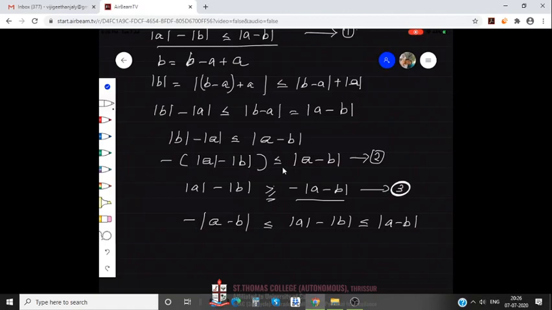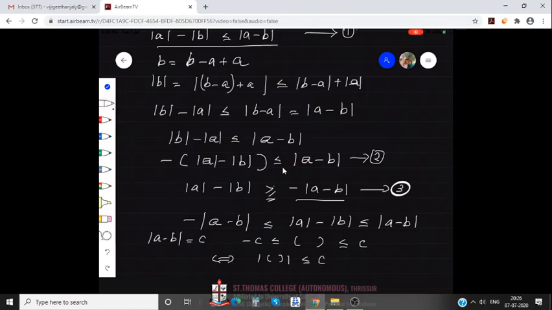Now take the absolute value of a minus b as c. So this is of the form minus c less than or equal to something less than or equal to c, which implies and is implied by the absolute value of that something being less than or equal to c.